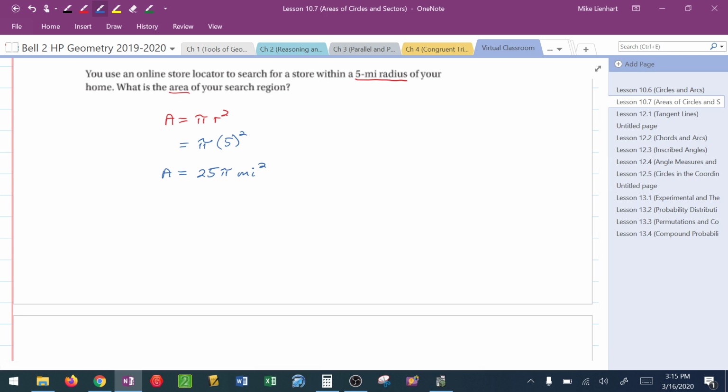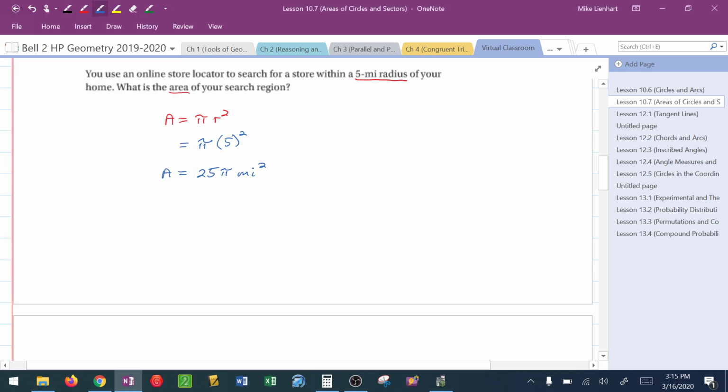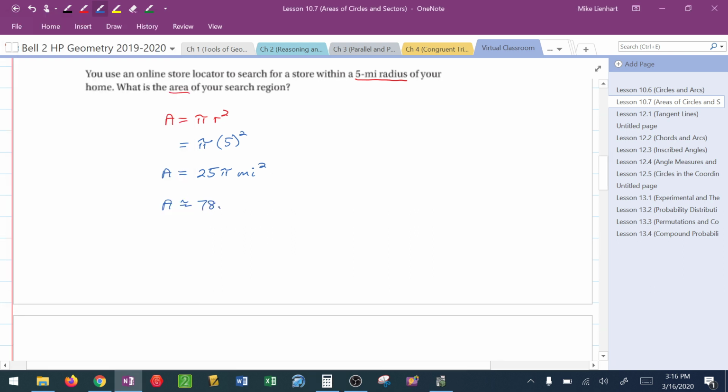I don't know. So what I would do in this case is take 25 times pi. In the problem, they did not ask me or tell me to use a particular approximation. If I figure this out, I would get 78.53. It says, what's the area? As default, I would say the area is approximately equal to 78.5 square miles. Okay.